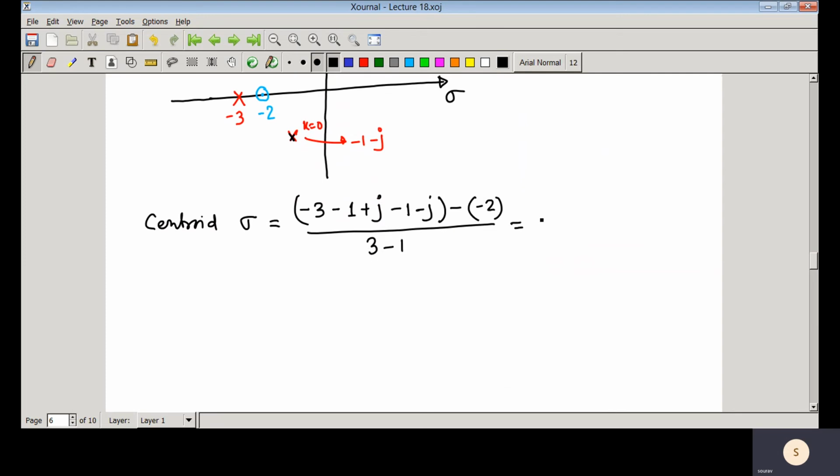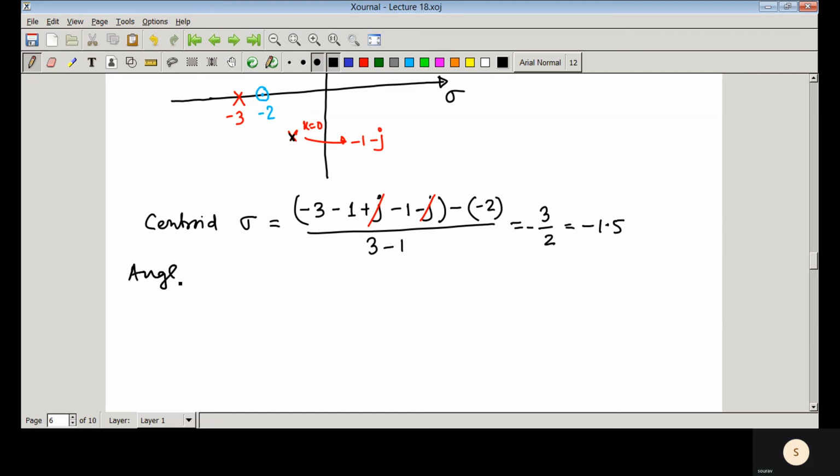One interesting thing you can see here: as the poles are complex conjugate, the j terms cancel out, and the value is minus 3 minus 1 minus 1 plus 2, so that is minus 3 by 2, which equals minus 1.5. So that is the centroid.